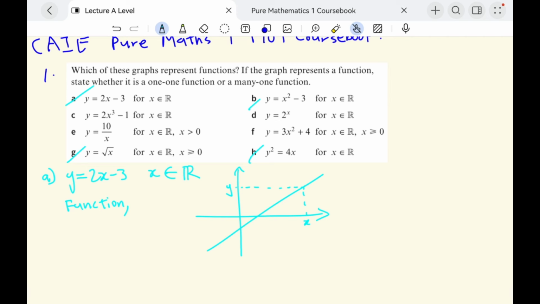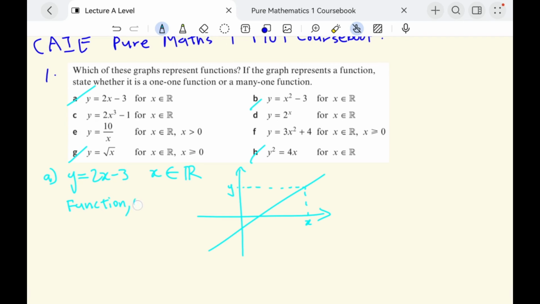This is obviously one-to-one, or you can carry out the vertical line test. That means no matter how you shift this vertical line to the left or to the right, it only intersects one point with this linear graph. So therefore, it is a one-to-one function. I will erase this graph for the other parts of the question.